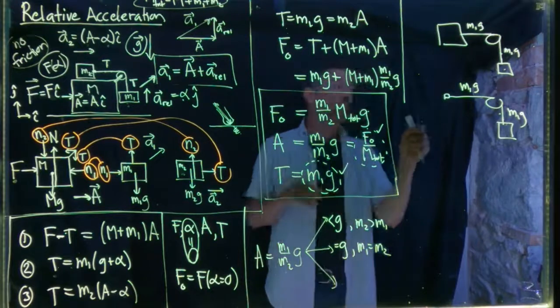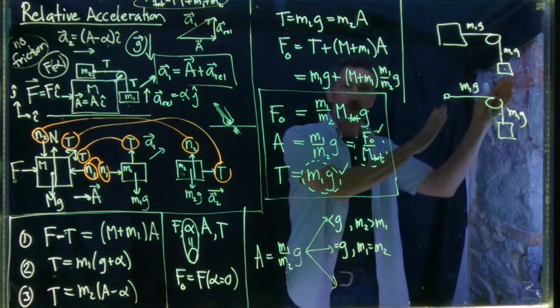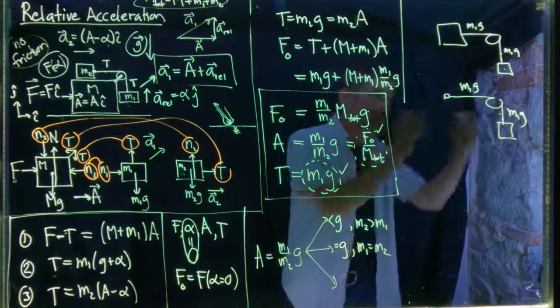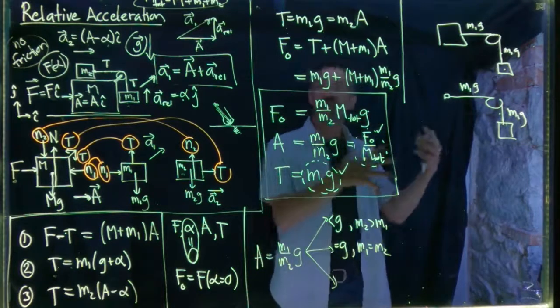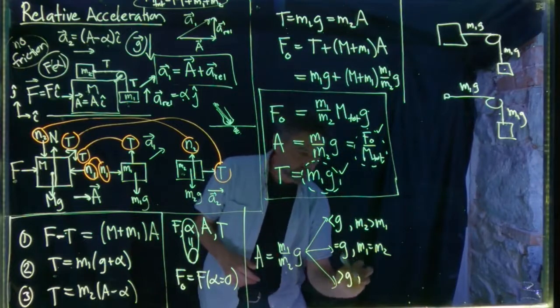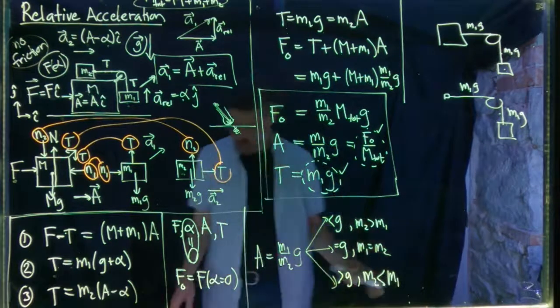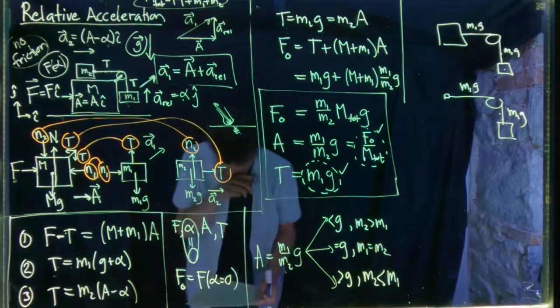Okay, and so that means that this mass has to accelerate rapidly to the right. Okay, but everything accelerates with the same acceleration, A. So that means A must be rapidly to the right, and so it must be bigger than g. Okay, so that happens in the case that m2 is less than m1. Okay, so that's really cool. So that's one thing that can be said about all of this stuff.